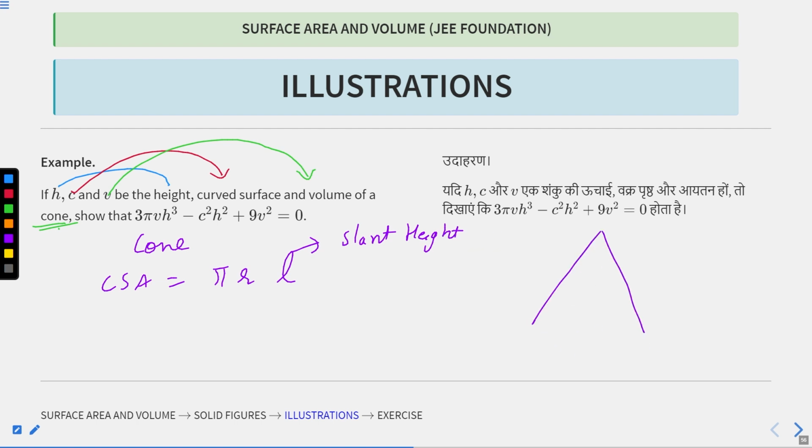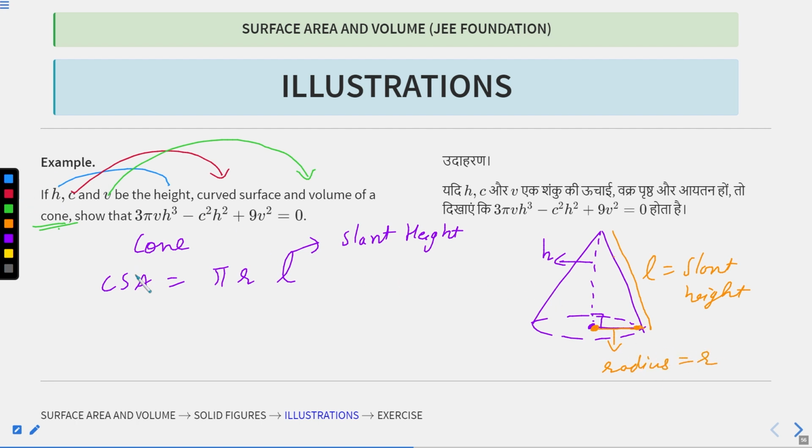The height of the cone is the line joining the vertex to the center at 90 degrees. So this is my H. This length we call L, which is slant height, and this is my radius r.